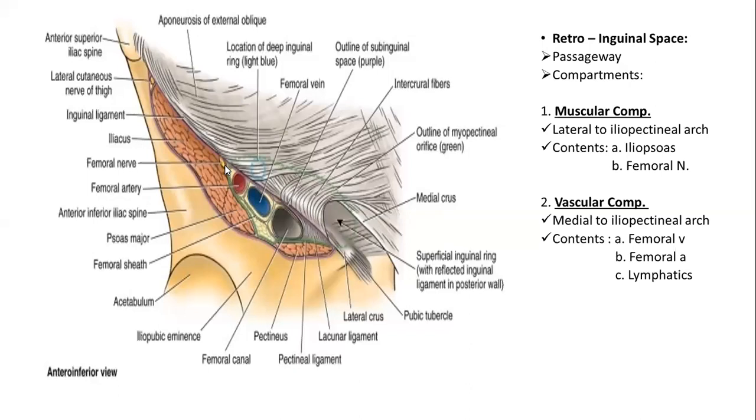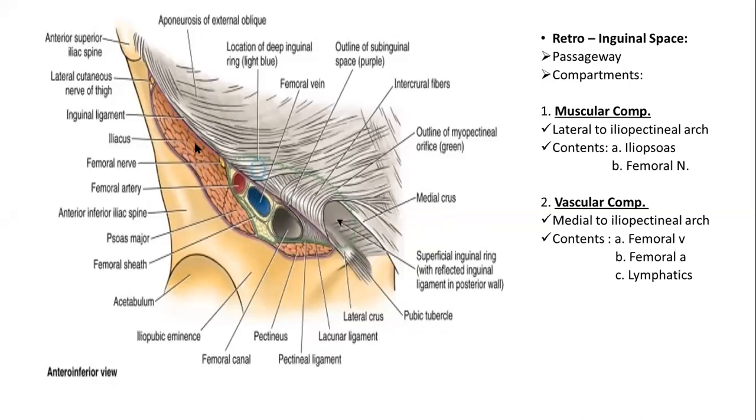This thickening of iliopsoas fascia at the level of the iliopubic eminence on the hip bone divides this space behind the inguinal ligament into two compartments. Lateral to this arch is the muscular compartment. Medial to this arch is the vascular compartment.